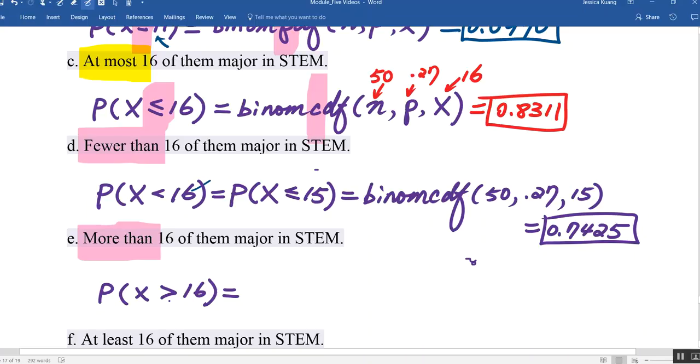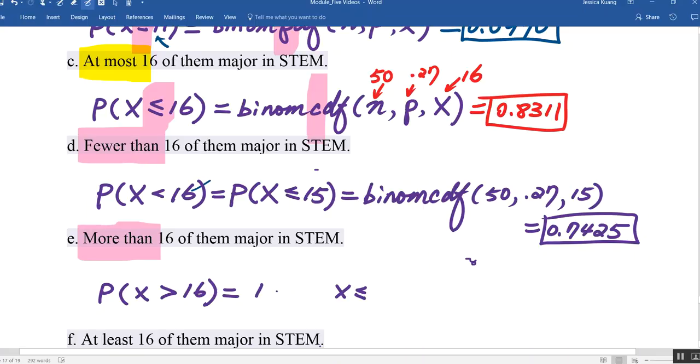So I have to convert this inequality. Instead of strictly greater than, I want to have less than or equal to. But because I flipped the sign, I'm actually taking the complement. That is a concept we learned a few weeks ago.